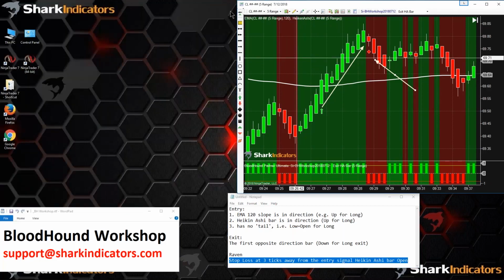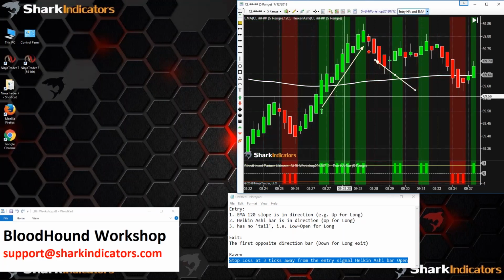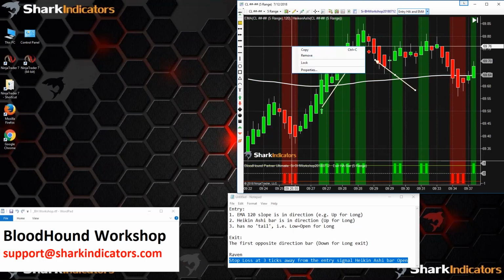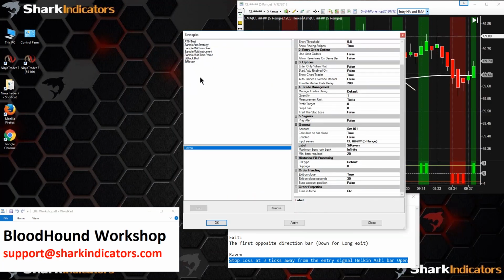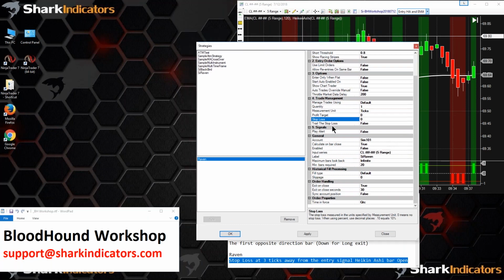Let me close out BloodHound and let's put it on the entry signals there. So let's go into the strategies. We'll take a quick look at Raven. So let's grab Raven. There we go. And if we look at Raven's stop loss parameters here, it just has an input value of ticks.